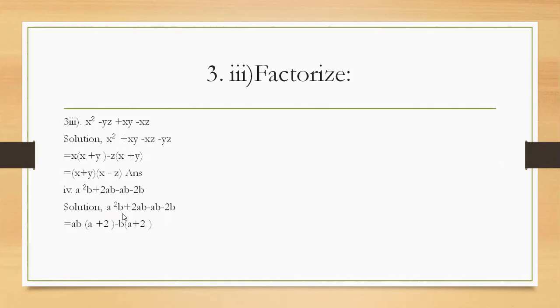But here there is no need to change the place because AB is common. Taking AB common, A is left, because A square means A into A. Then here plus 2 is left because AB is already taken, and minus B is common here. If you take minus B common, then what is remaining here? A plus 2.